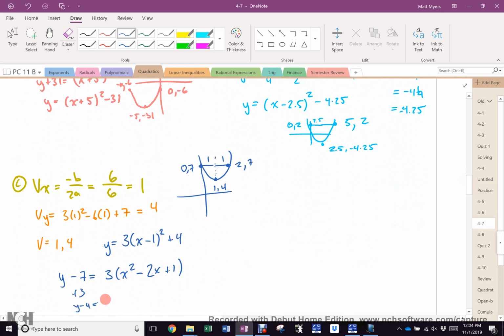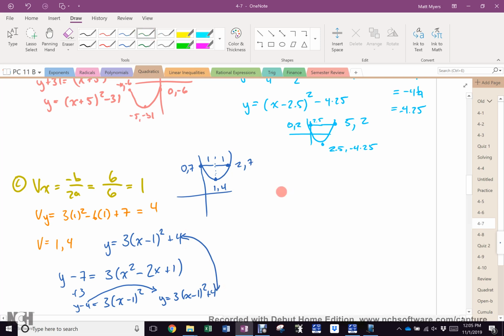Y minus 4 equals 3x minus 1 squared. Bring the 4 over. Y equals 3x minus 1 squared plus 4. Who decides? You decide. You now have 4 options to work with these things.